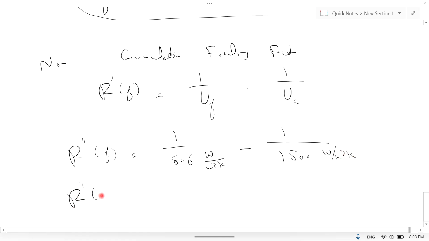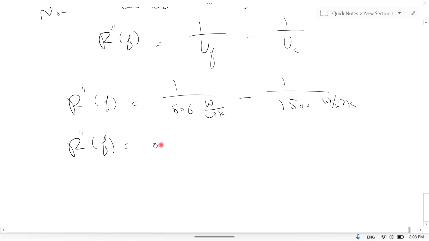So 1 over 806 is equal to 0.00124 meter square Kelvin per watt, minus 1 over 1500, which is 0.000666 meter square Kelvin per watt.